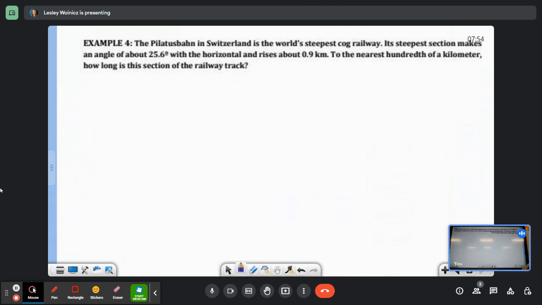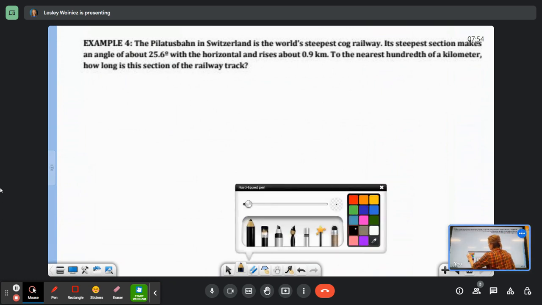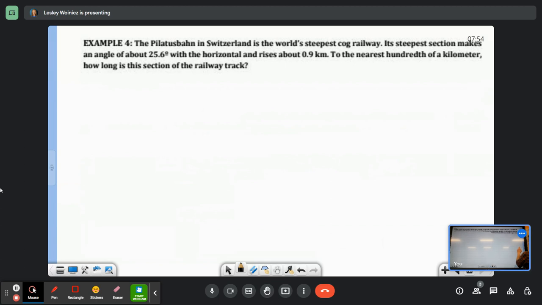This building in, oh, what? Okay, it's a railway. It's not a building. This railway is the world's steepest cog railway. Its steepest section makes an angle of about 25.6 degrees with the horizontal and rises about 0.9 kilometers. So here's the horizontal.